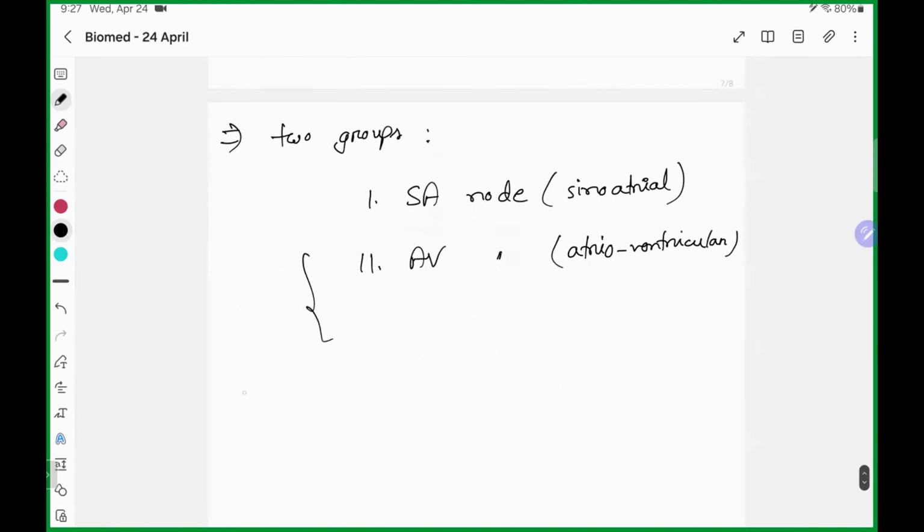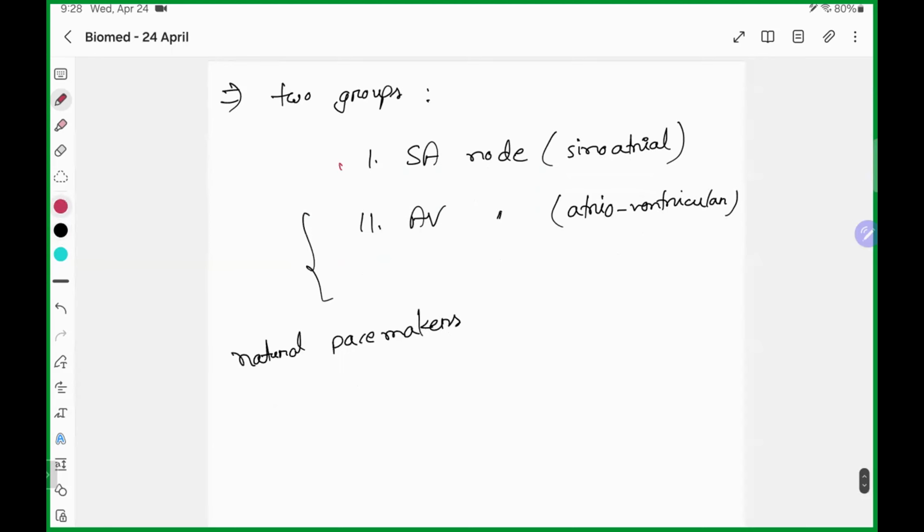These are called natural pacemakers, because they are actually controlling this heart pumping process. That's why they are called the pacemakers. So these are two pacemakers, and among them the SA node is the main pacemaker, because this sinoatrial node stimulates the atria.